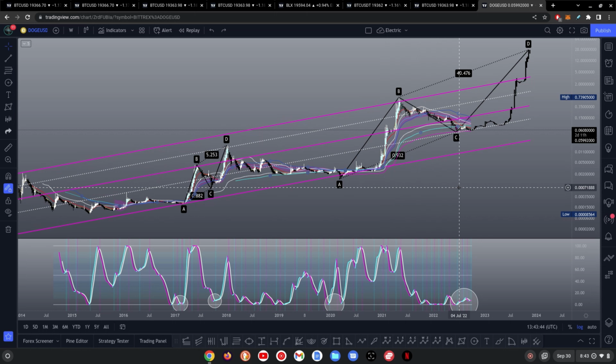That was mainly all that I wanted to go over for Dogecoin. This is going to be one of the top movers in the cryptocurrency market. It was one of the top movers the last time. It moved from the previous bottom towards its all-time high by around 56,000%, just about on the dot.